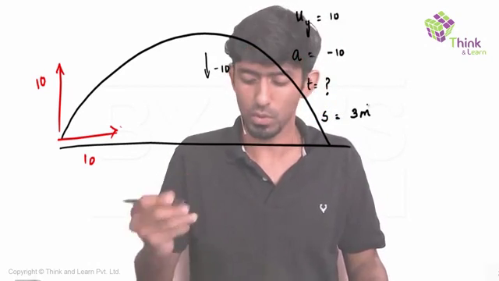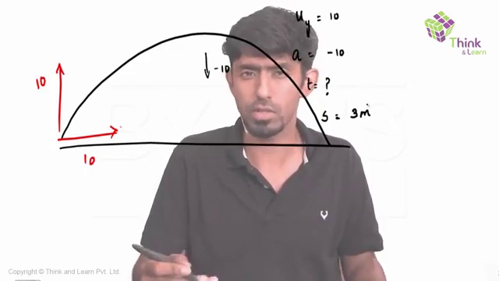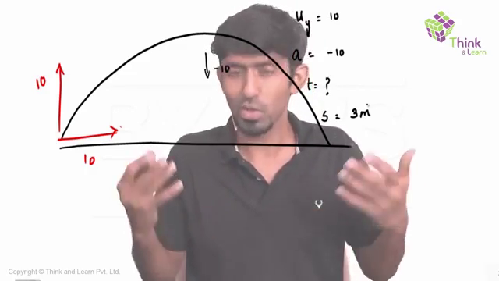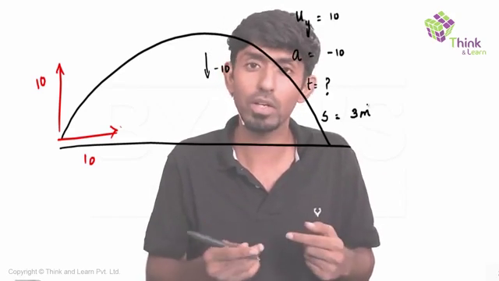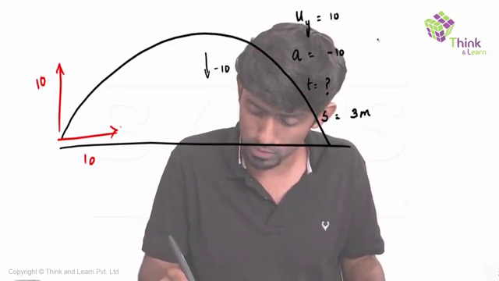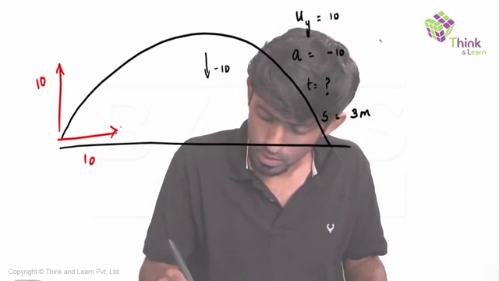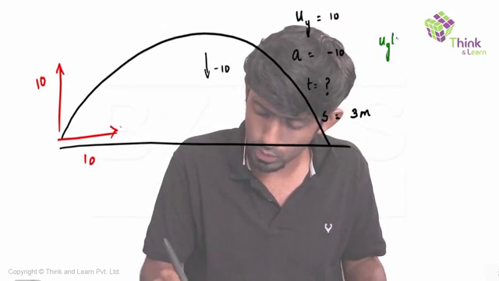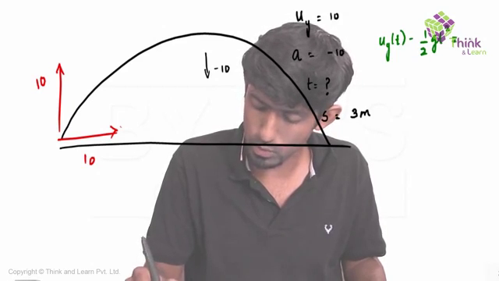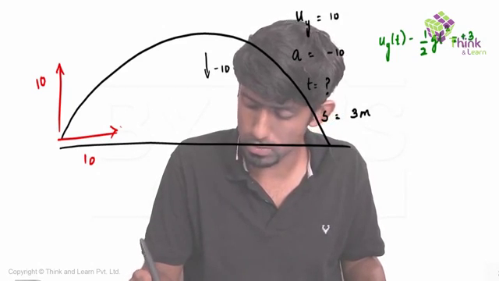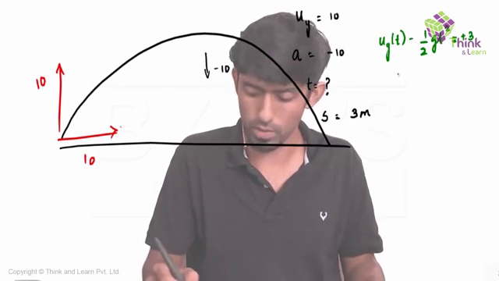Correct. So now, if you write the equation and solve this, you realize how repetitive this is. Almost every problem you're doing this only, even though they can look like different problems. So just do that now. You'll have uy into t minus half g t squared equals 3. We'll substitute the other values also.